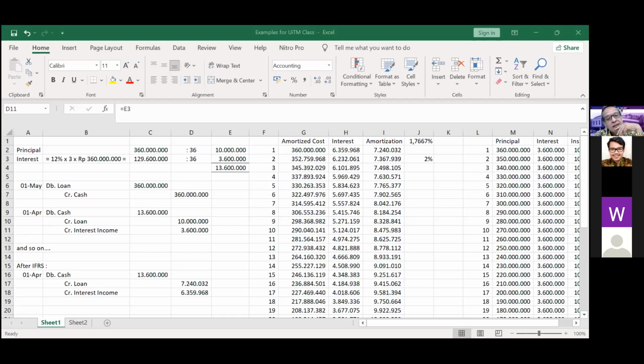What else? The impact is that usually banks will be more conservative in extending their credit cards. They will be more conservative in issuing credit cards, because every time they issue a credit card, they have to recognize loss.